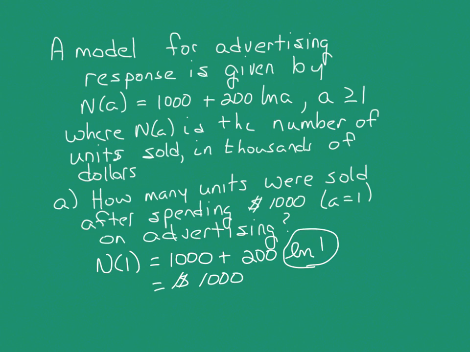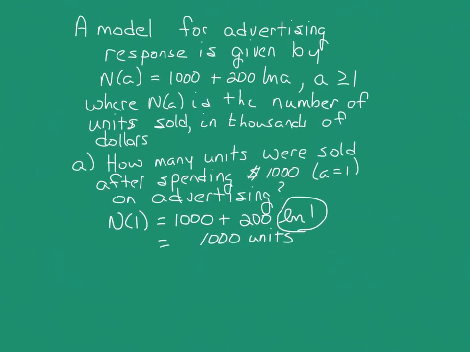Not dollars, but units. 1,000 units were sold. Didn't even have to get a calculator out on that one because we know that the natural log of 1 is always 0. You see that one comes up a lot in calculus too, if any of you happen to take calculus.